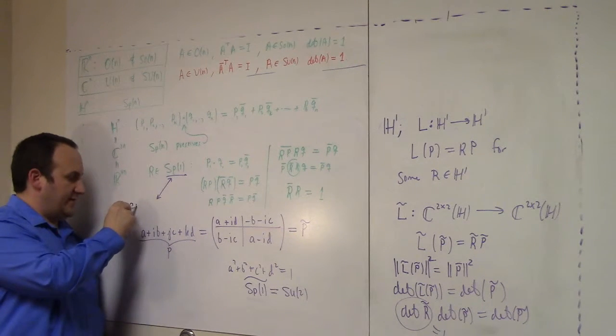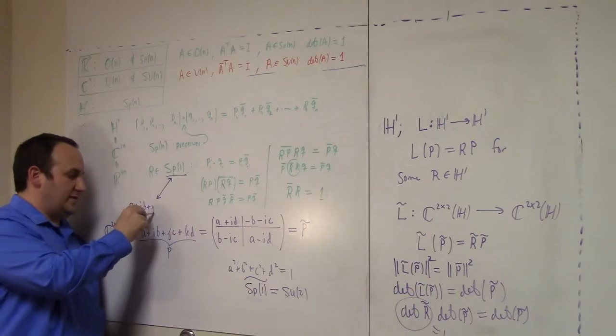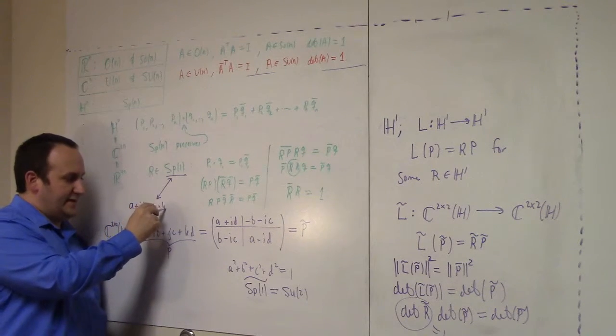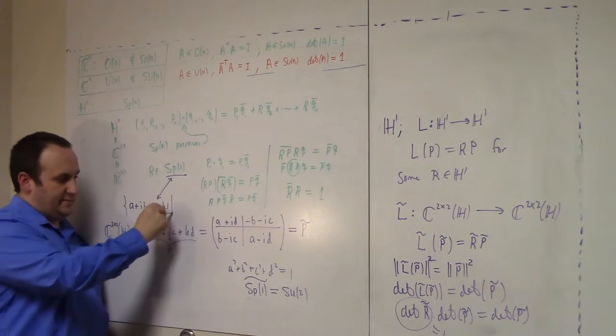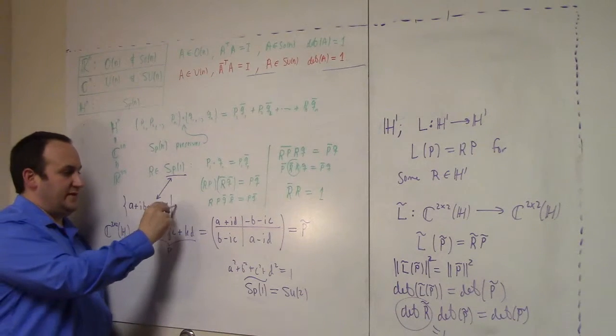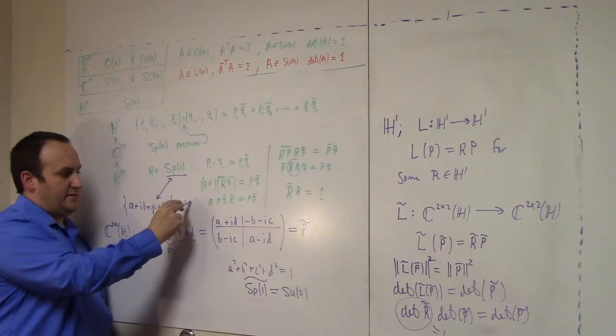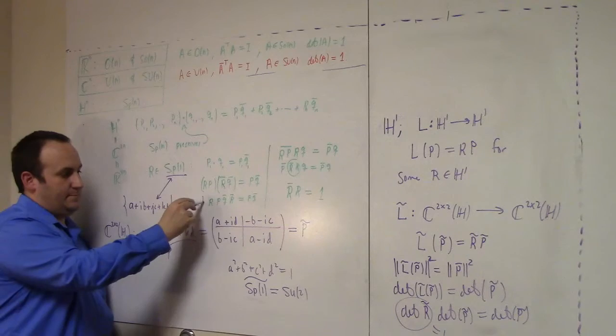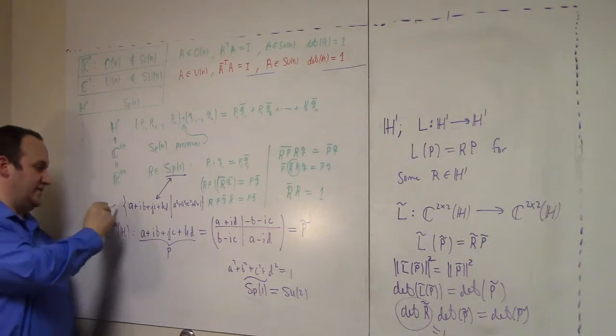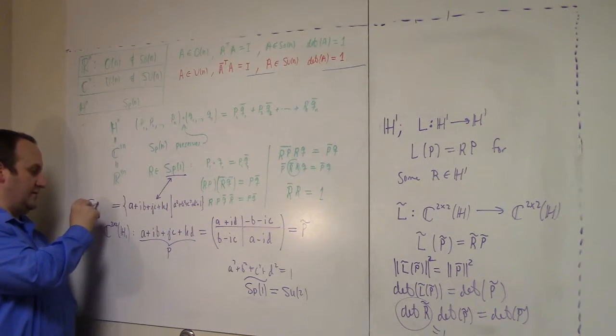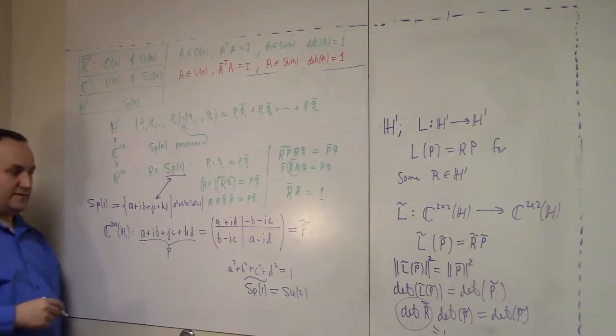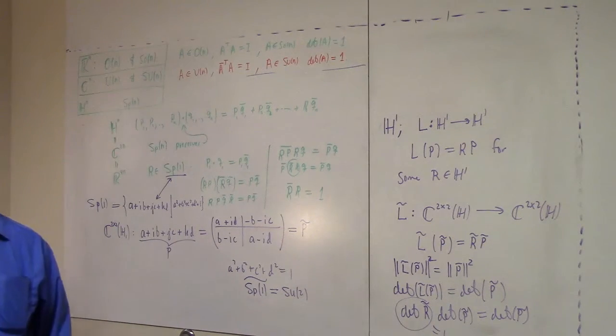So if I have A plus iB plus jC plus kD, this set of quaternions such that A squared plus B squared plus C squared plus D squared is 1, this is SP1. Raw, unadulterated SP1.